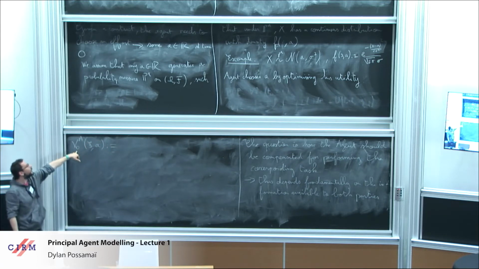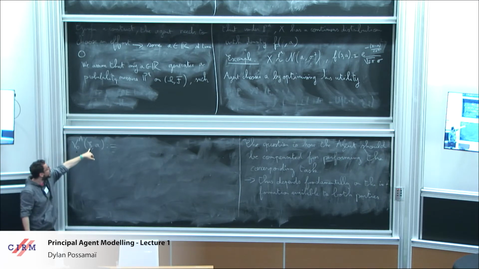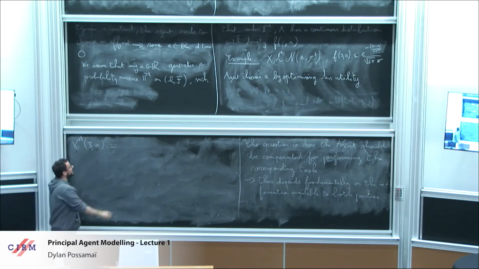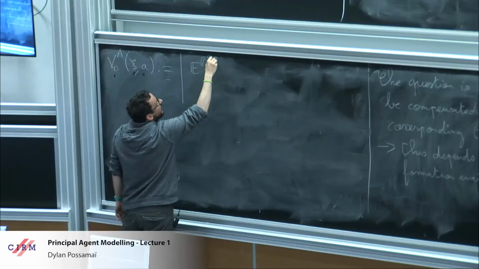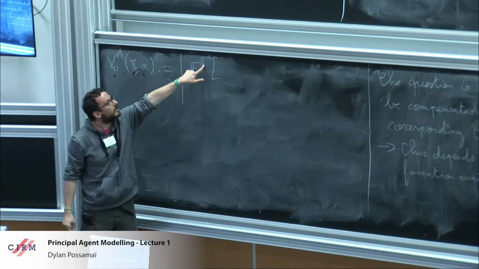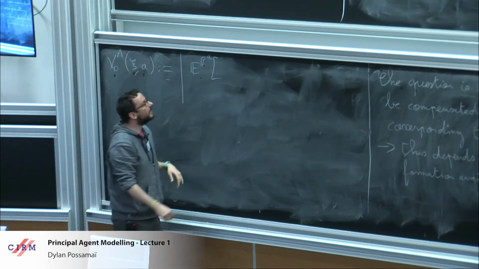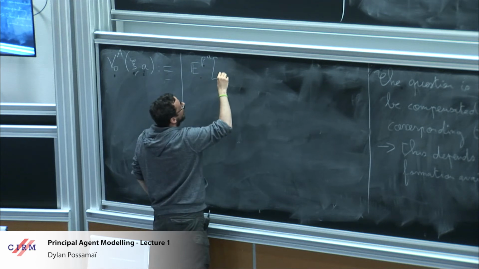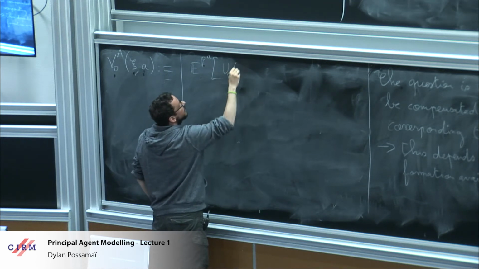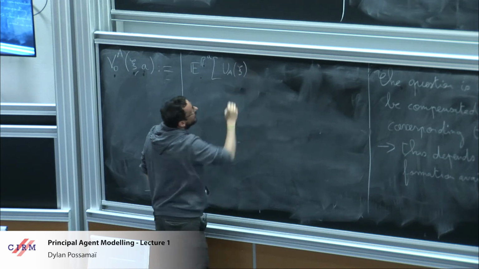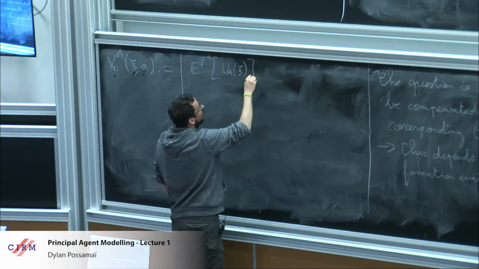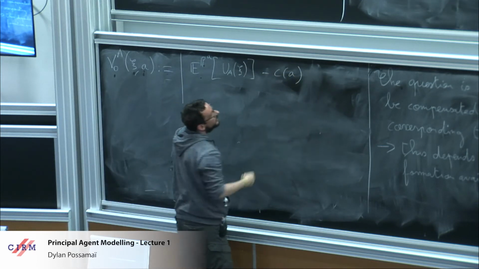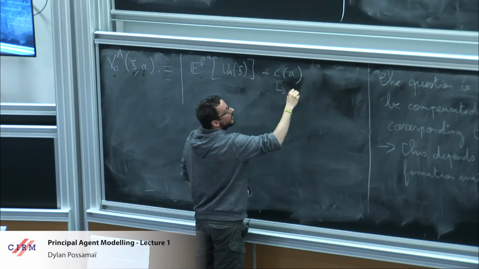So this is what I call the utility that the agent gets when he receives contract xi. That's the payment he receives, and that's the effort he's choosing. Let me give you the two specifications. One would be the average under the measure associated to A of some utility of the payment that he receives, minus C, which is a cost function.